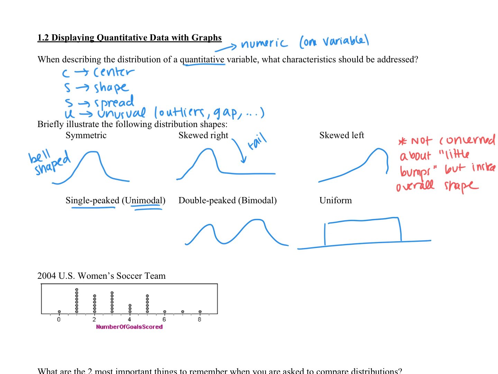Can you come up with a variable that would be bimodal? So something numeric that you measure that's going to naturally fall into two groups. It relates to something in our classroom.